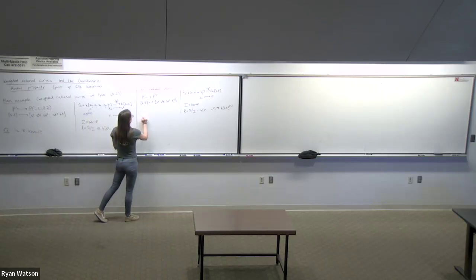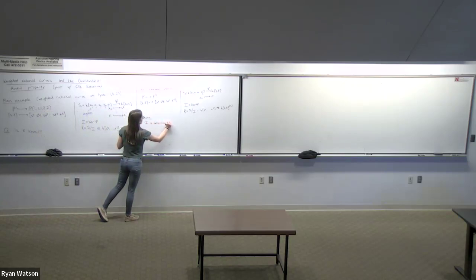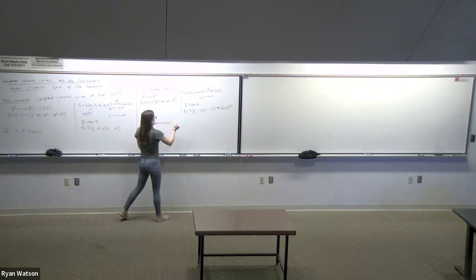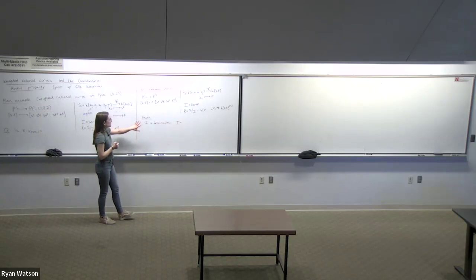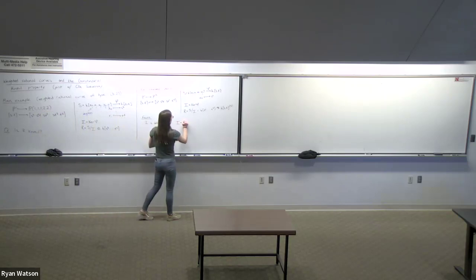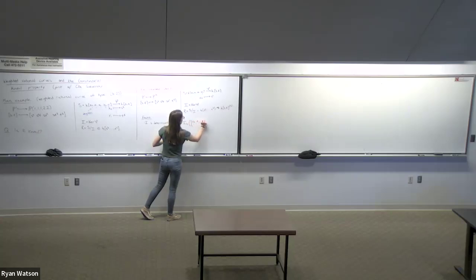So here are a few examples of nice properties that we have. First, I is determinantal. And maybe you've seen exactly what the matrix is whose minors generate I. I is generated by the 2 by 2 minors of this matrix.